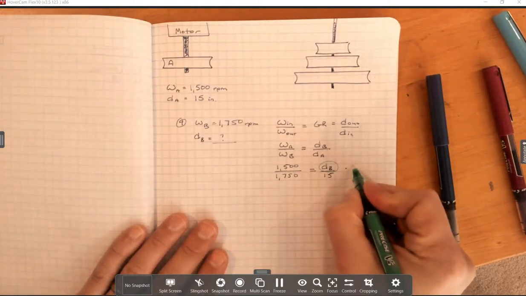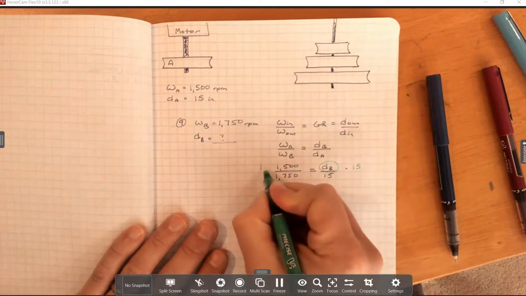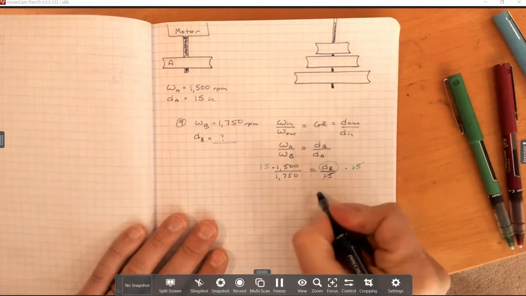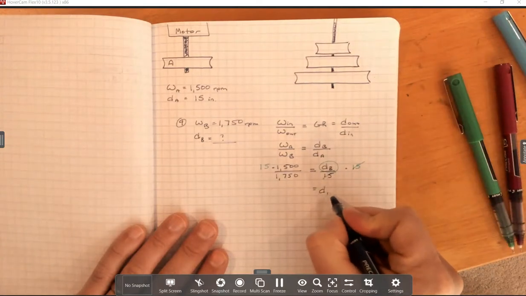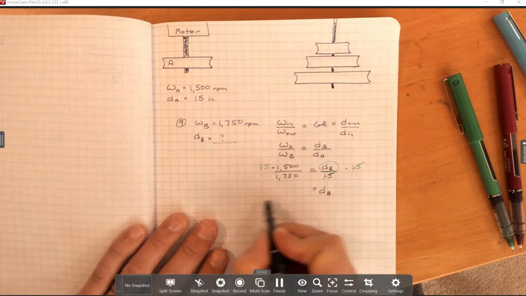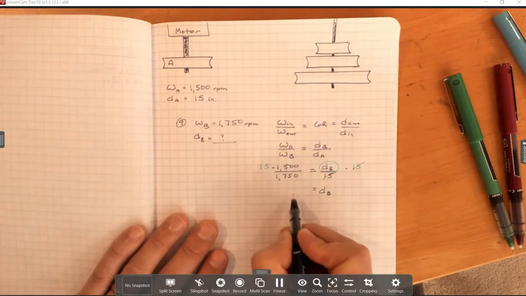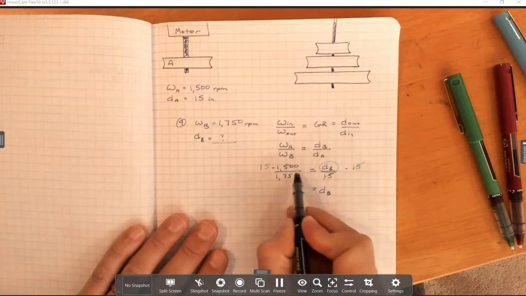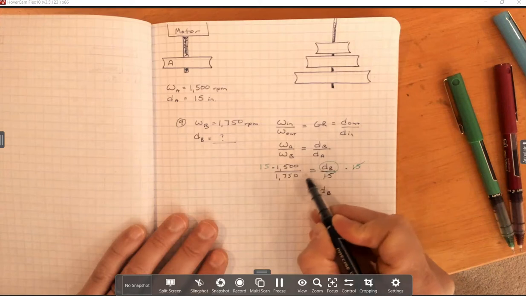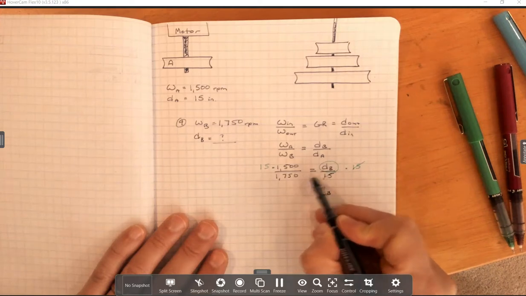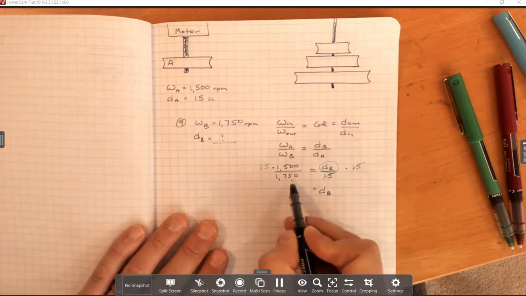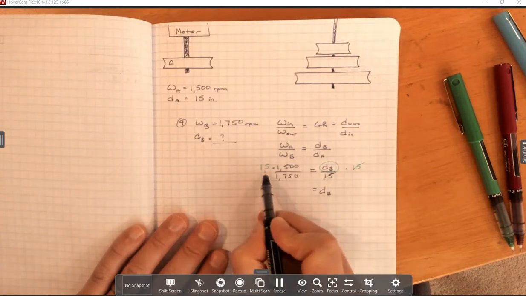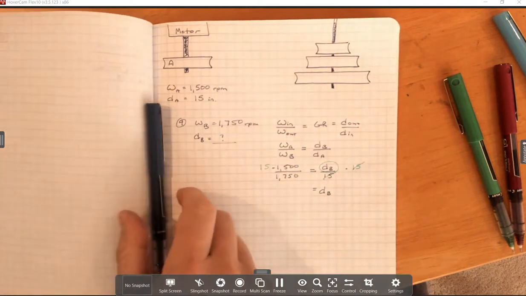So if we simply multiply both sides of our equation by 15, we'll have isolated our variable, which is the diameter at B. Now it's just a matter of simplifying this expression. You also could have looked at this as a proportion, which would have been 15 times 1500 is equal to dB times 1750, in which case you would have then divided by 1750. It's the exact same math. We really want the product of 15 and 1500 divided by 1750.